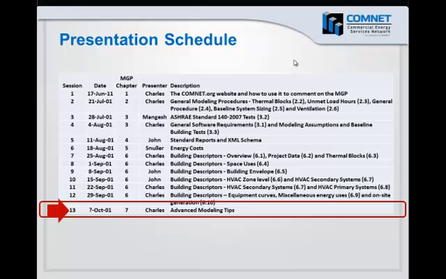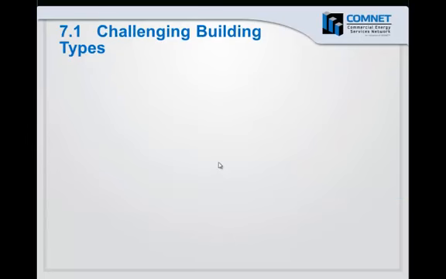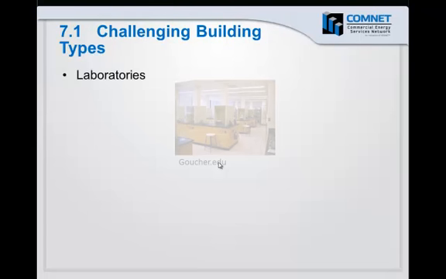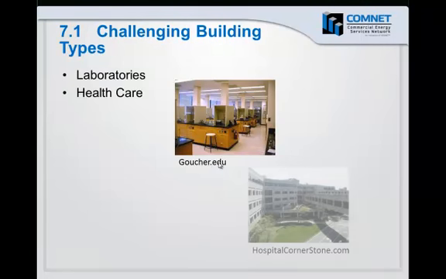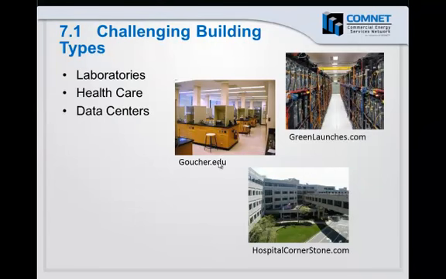This chapter is really tips to the modeler on how to deal with challenging building types, advanced design approaches and technologies. It is divided into two parts. The first part addresses challenging building types like laboratories, healthcare, and data centers.